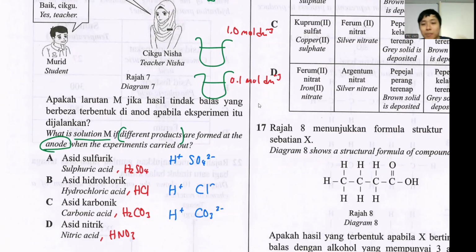I like my paper big for the question, because the publisher wants to save paper, right? So you have H+ and NO3-. And if you analyze the electrolytic cell, normally you know you get one more ion, the negative ion.